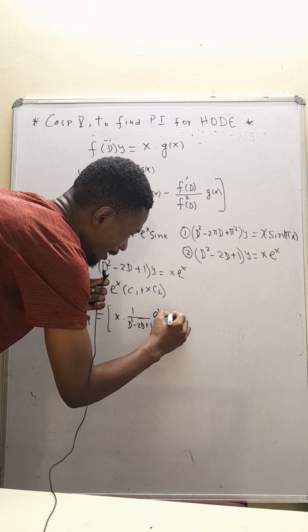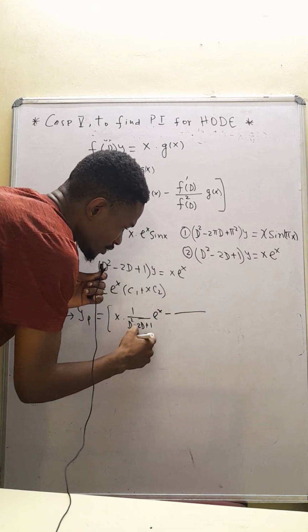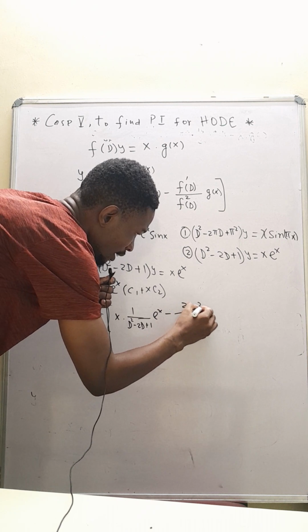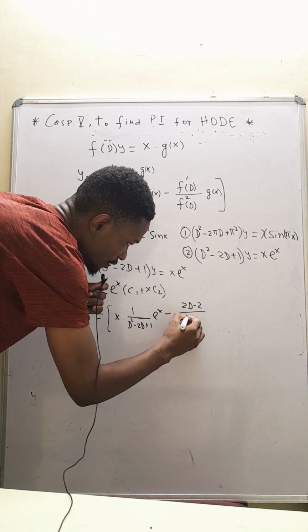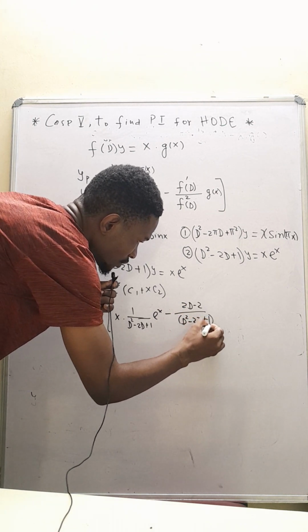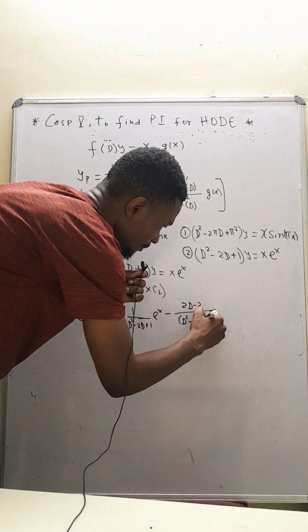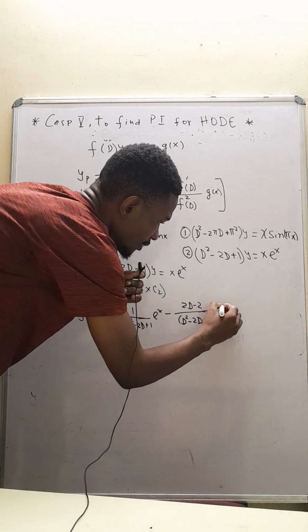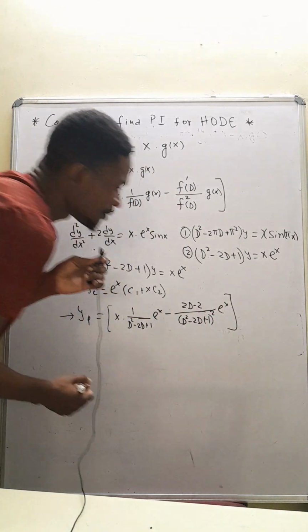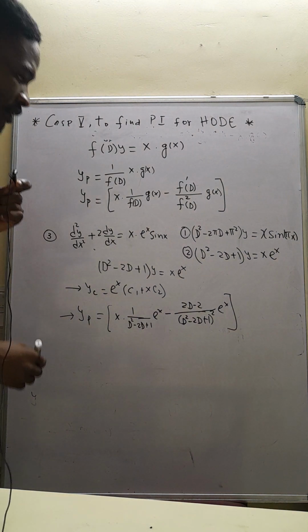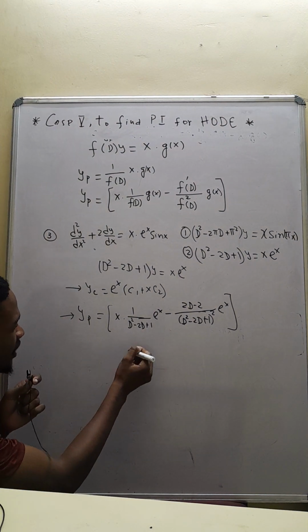Then minus, the derivative of this one will be 2d minus 2, over d squared minus 2d plus 1 squared, right? All times Euler raised to x, because Euler raised to x is our g of x. So just apply here.